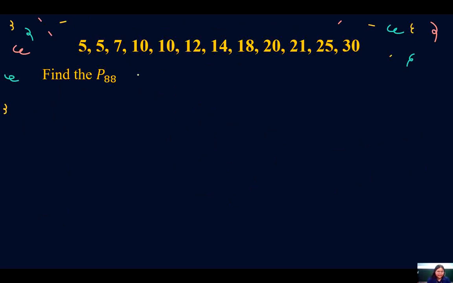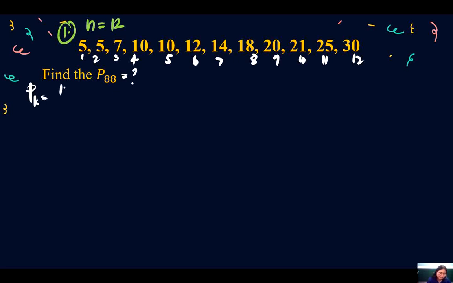Next, 88th percentile. So again, this is the first step. Our n is equal to 12. Let's label this again: 1, 2, 3, 4, 5, 6, 7, 8, 9, 10, 11, 12. So we are looking for the 88th percentile. So our formula is P sub k is equal to k all over 100 times n plus 1. Okay? So this is the second step. Let's calculate.